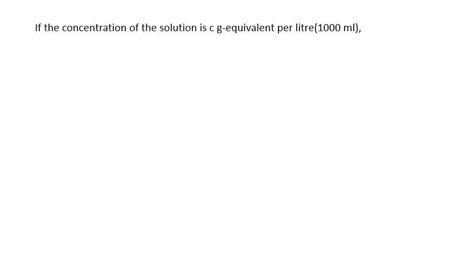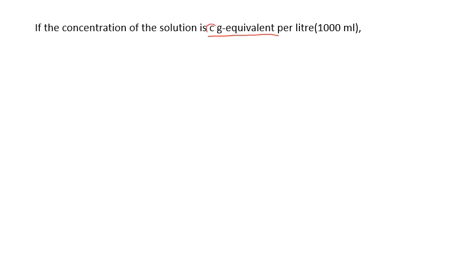If the concentration of the solution is C gram equivalent per liter, and a liter means 1000 ml, then in 1000 ml there are C gram equivalents present, where C is the number.